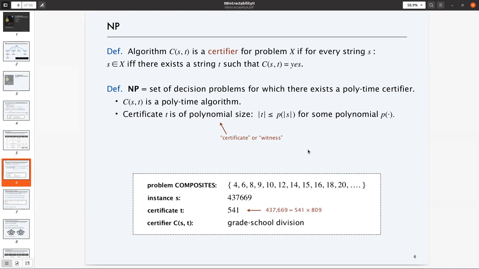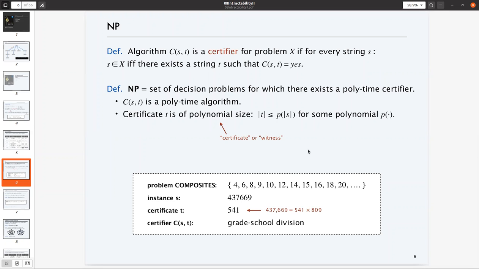Now, someone has to provide a certificate, right? With that certificate, you can verify if that number is composite or not, and you can output yes if the number is composite, or no if it is not. So what can be a certificate for that particular problem?